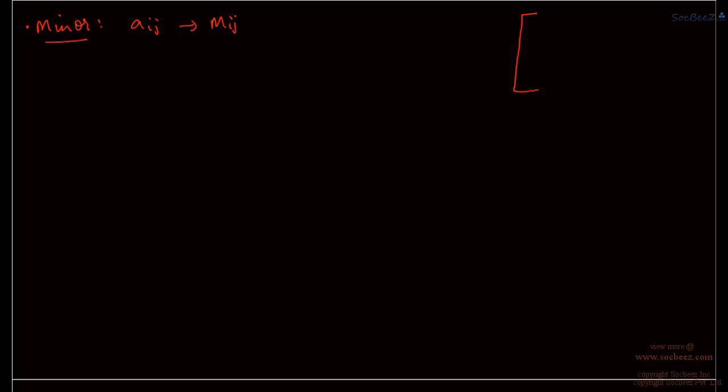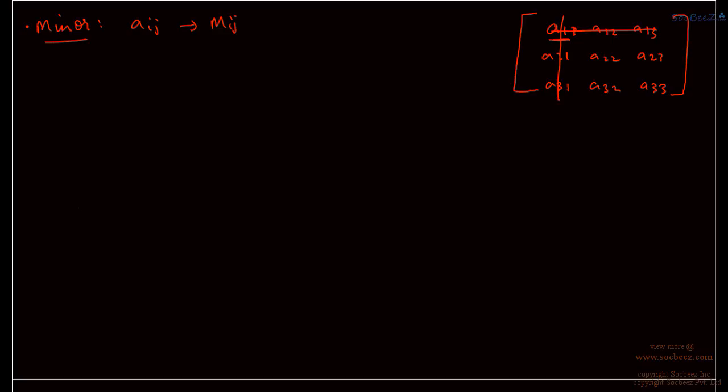So let us first take a 3 by 3 matrix and explain this: A11, A12, A13, A21, A22, A23, A31, A32, A33. So this is my square matrix of order 3. Now suppose I take the element A11 and delete its row and column. Whatever is remaining, A22, A23, A32, A33, is a square matrix of order 2.